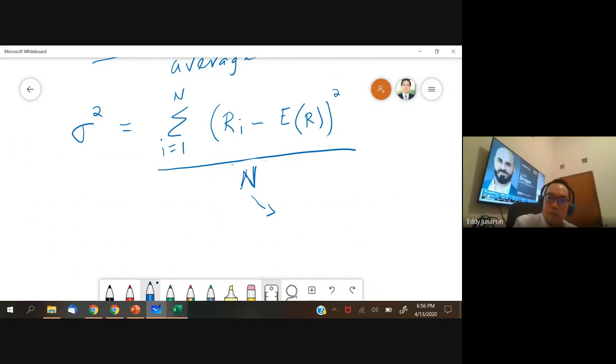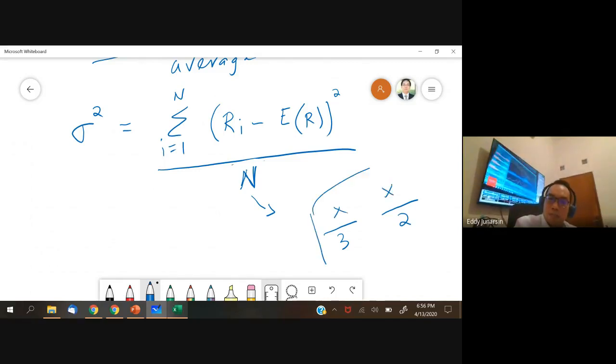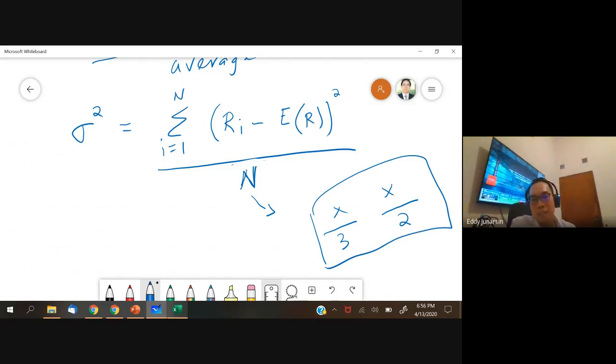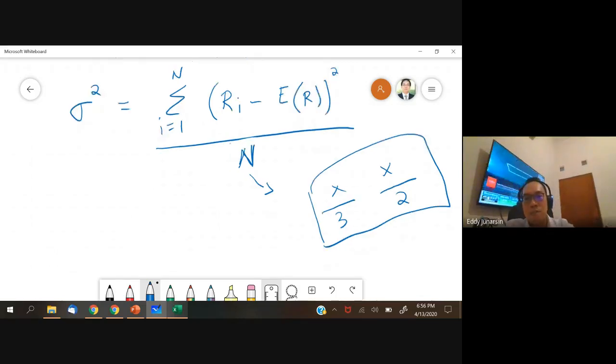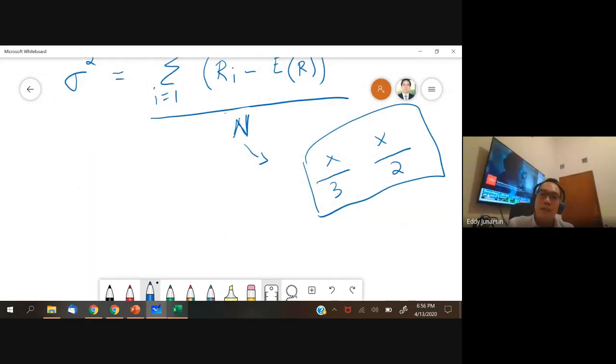If a certain number is divided by, let's say, 3, and that certain number is divided by 3 minus 1, so 2. What do you think? Will the results be similar or far away? Of course, it's far away, right? Because the n is small, the number of observations is small. So you can imagine if this is 10, right? 10 divided by 3 is 3.33. 10 divided by 2 is 5. So they're totally different or far away.